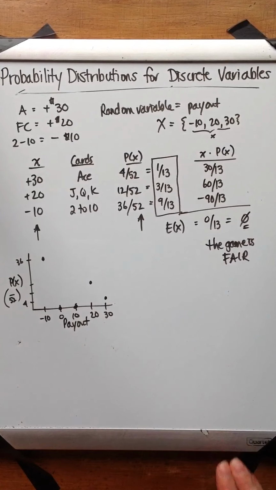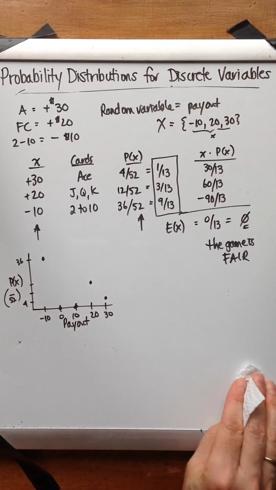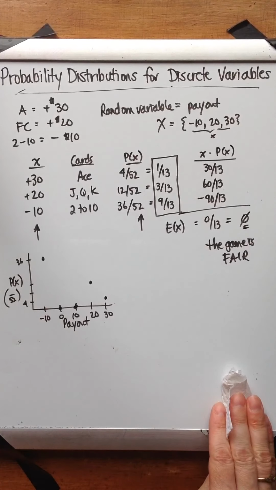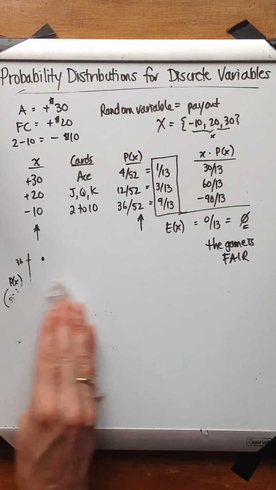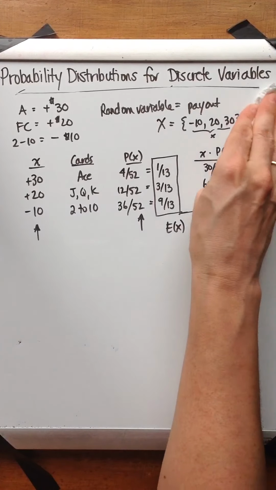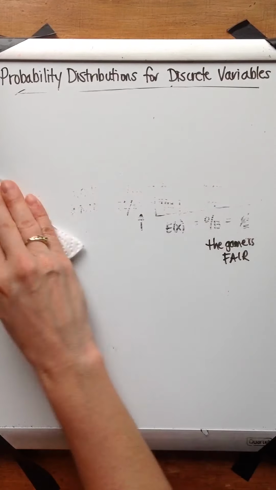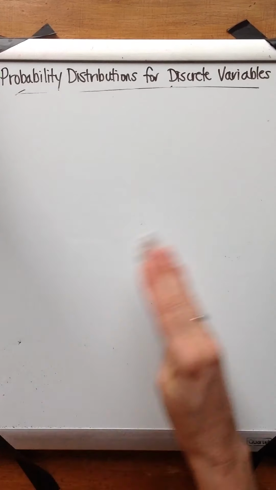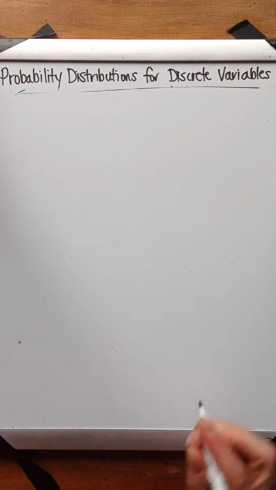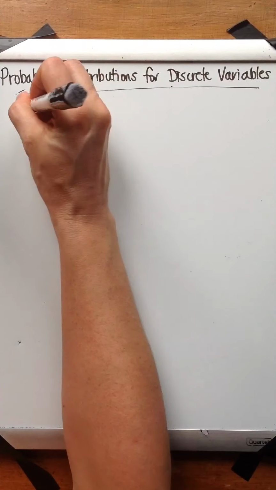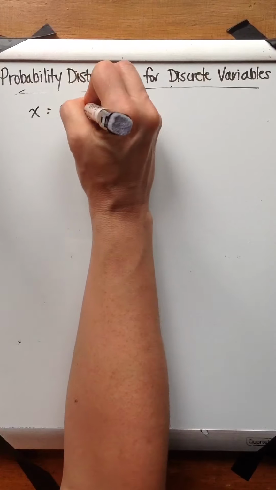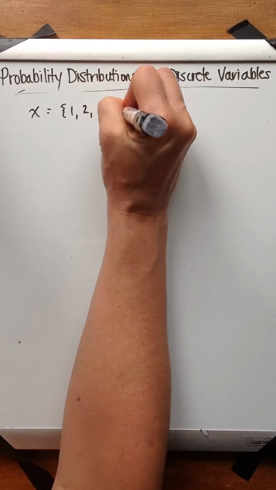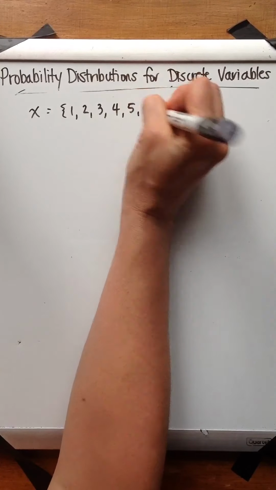Okay. Now, there's an interesting scenario if you try to do a probability distribution for something where the probability is always identical. And I want to take a moment just to address that before we finish. So let's say that you allow your random variable just to be rolling a single die. In that case, your random variable has 6 possible values: a 1, a 2, a 3, a 4, a 5, or a 6.